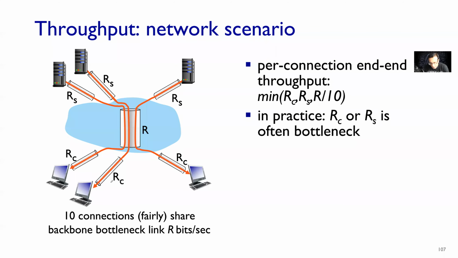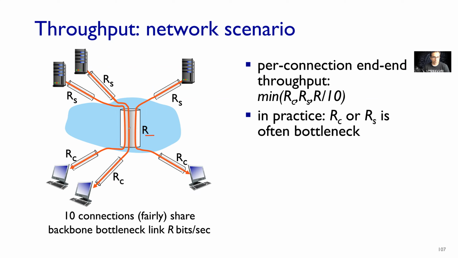Generalizing that a little more, you could think of a scenario like this, where the server link has a capacity RS, the client link has a capacity RC. And imagine we are abstracting the entire internet by one link. Again, this is a very simple abstraction, but imagine the global internet is being abstracted by R. In this case, imagine that at any given time there are only 10 connections being transmitted over this common link in the middle.